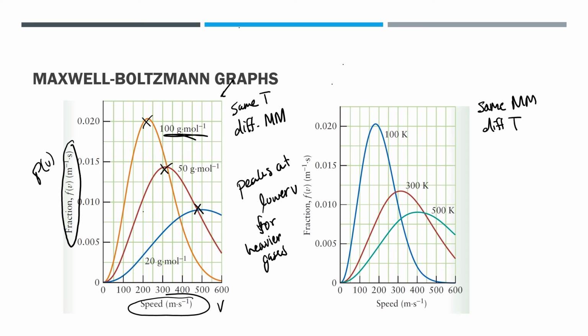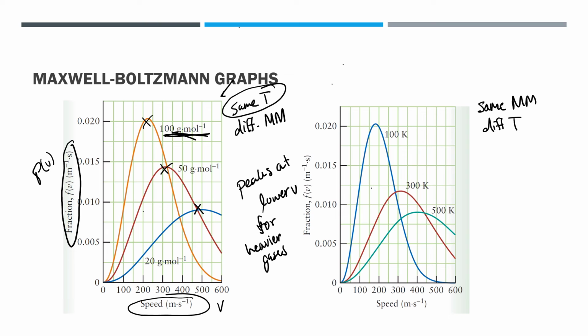This makes sense because heavier gases have more kinetic energy with the same velocity. So if I had the same T, that really means that kinetic energies are sort of similar, which means that the heavier gases need to travel slower to get that same kinetic energy.